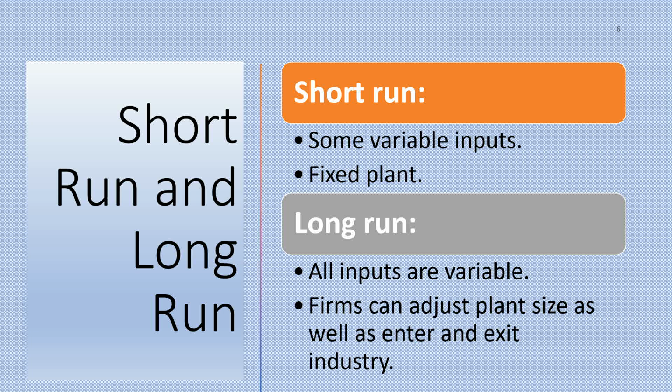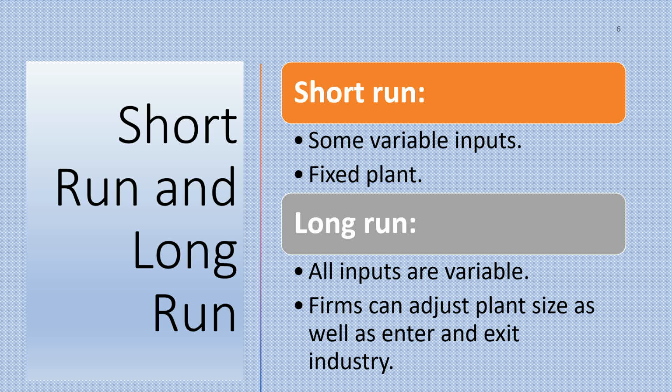How many workers should I employ this week or this month to make chairs? Not only how many workers, but how much material should we purchase? These would all be variable inputs. And then, what output level will maximize profit?